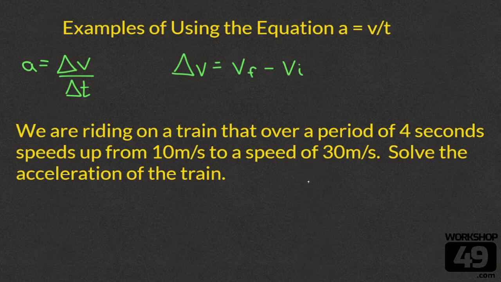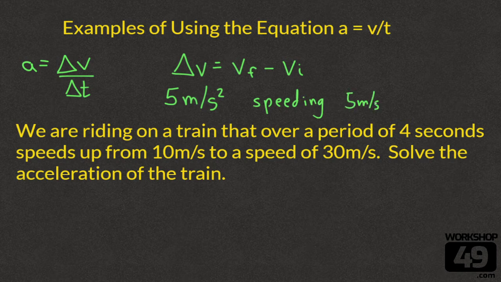To make sure that everyone's understanding acceleration, if I gave you an example acceleration of 5 meters per second squared, what that means is that we are speeding up at 5 meters per second.